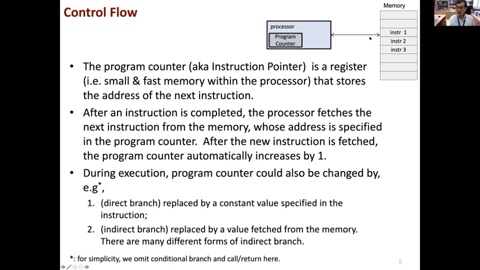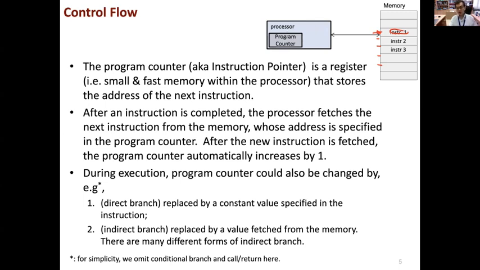So in the memory, let's say that we have the instructions. The processor has a counter called the program counter that keeps track of what the next instruction to be executed will be. Suppose a pointer points to here, in the next cycle, instruction 1 will be fetched to the processor CPU and executed.